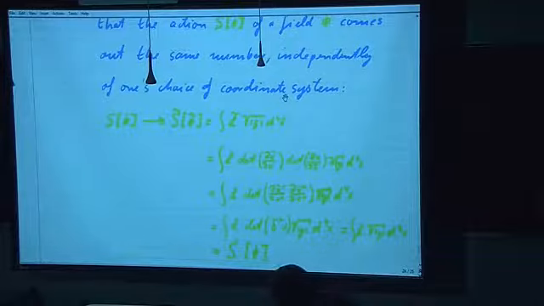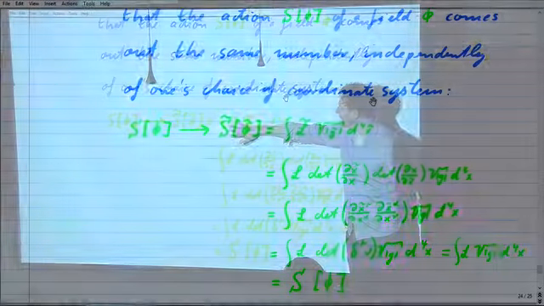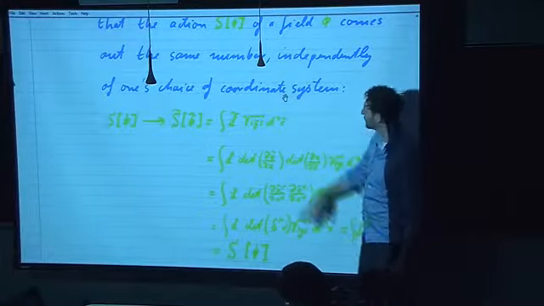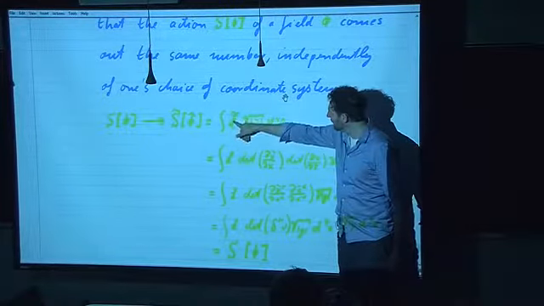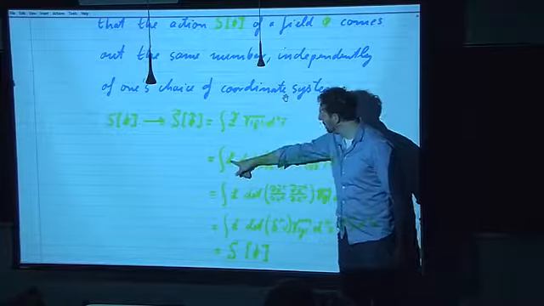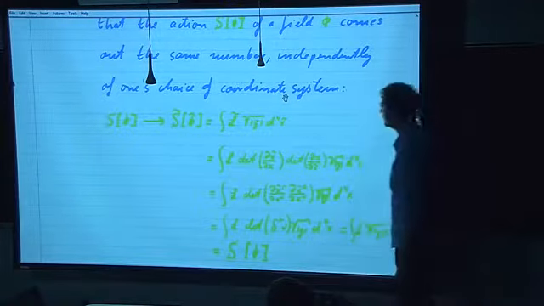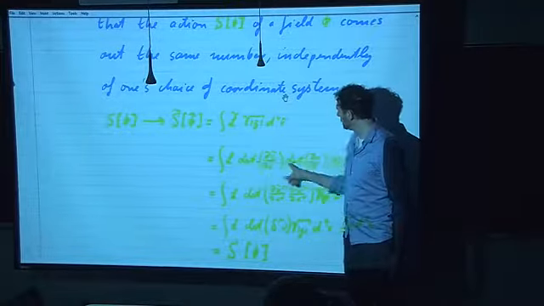Explicitly, it works out this way. Take the action, change coordinate system, then you get the action in terms of the tilde coordinates. And in terms of the tilde coordinates, the L tilde is L because we arranged it to be scalar. That's why the g had to transform the way it does. Then we get 2 determinant factors here.